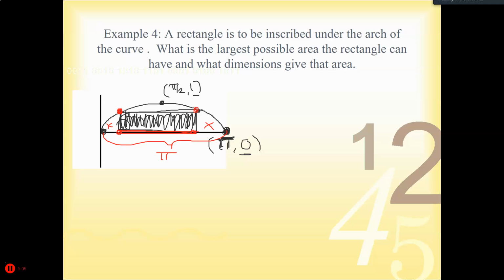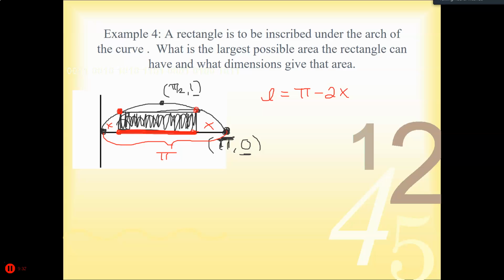The length of the rectangle is kind of like the cardboard box. It would be pi minus 2x. So the whole length was pi. If we made the outside pieces x, the length of the rectangle is equivalent to pi minus 2x. Everybody okay with that?